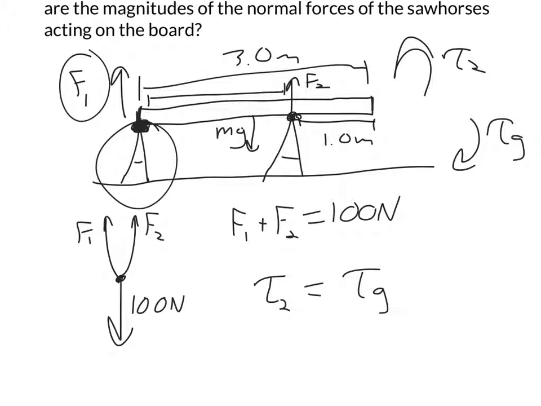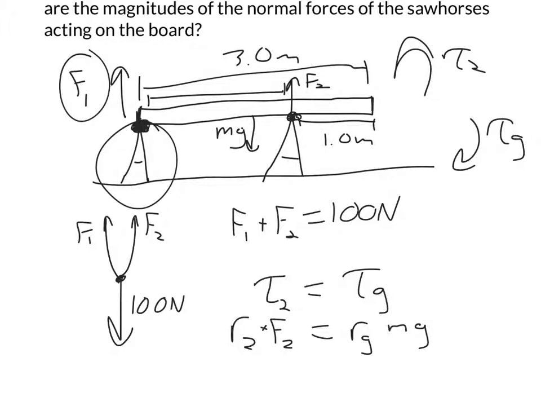So torque 2 is R cross F. This would be radius 2 cross F, so times force 2, which would be equal to the radius of G times mg.